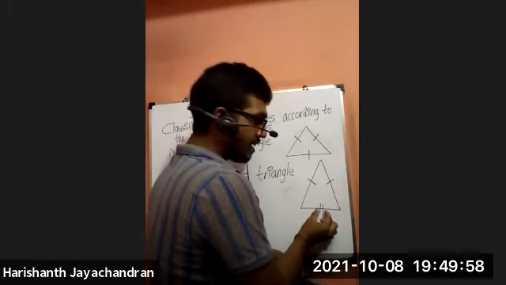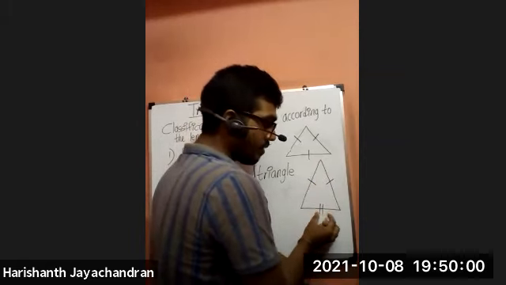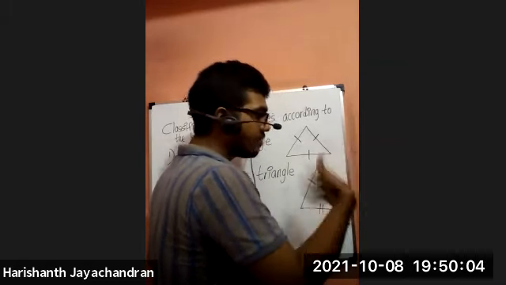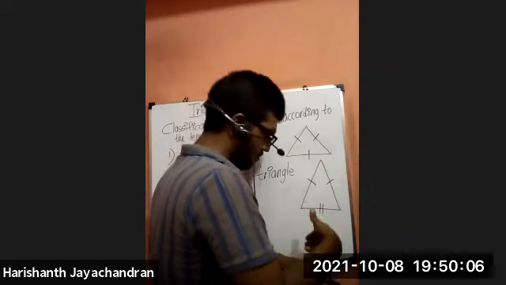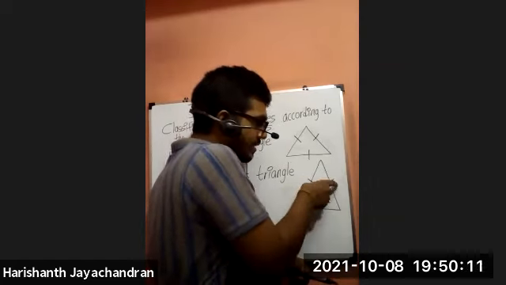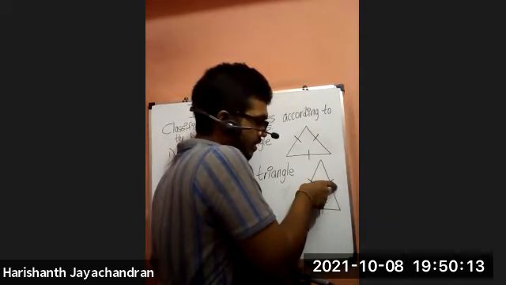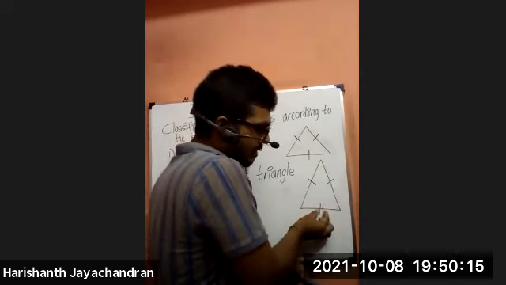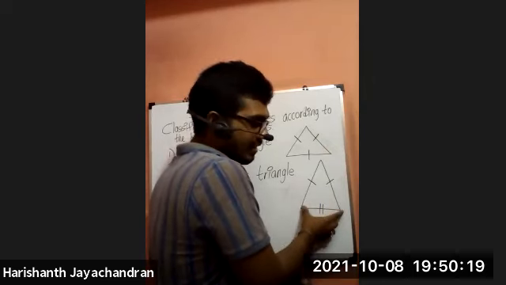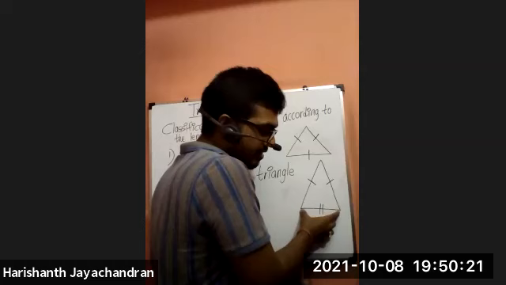For the other one, I can't mention the same single line, because then this side would also be equal to all of these. Since I mentioned a single line here to indicate that these two sides are equal, I used a different symbol, a double line, to indicate that the length of this is not the same as the other two.